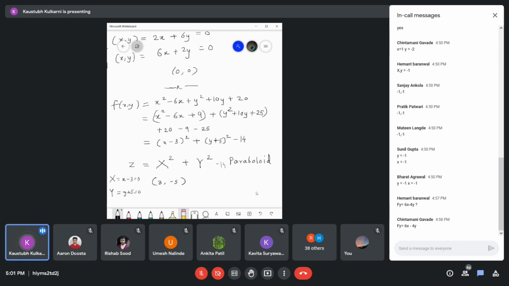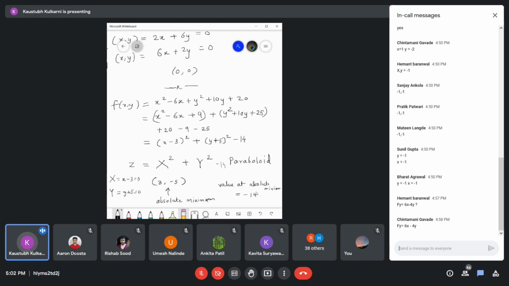Okay, so this is the absolute minima of this function f of xy, and its absolute minimum value is equal to minus 14.